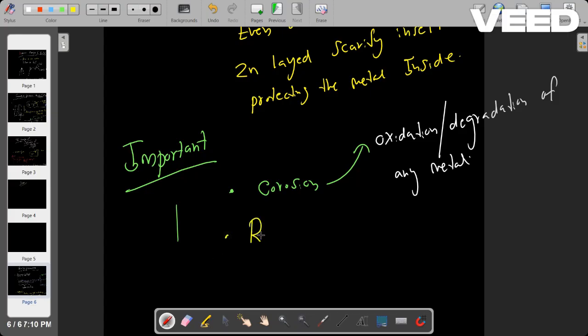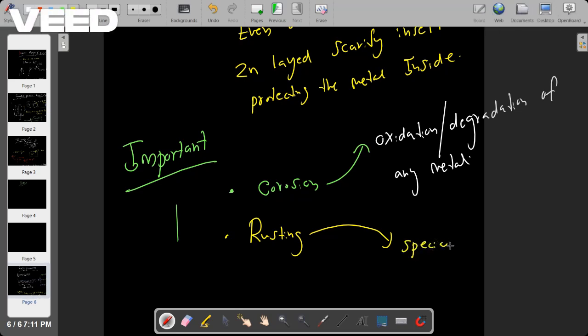Rusting is a special term used for the corrosion of iron. Is it clear?